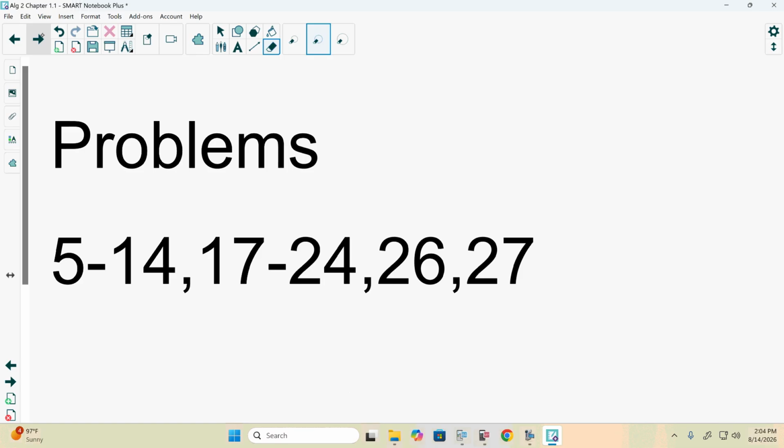Then 17 through 20, it says to graph the given information. Graph it on a number line. 21 through 24, 26, and 27 is writing it in set builder notation. And that's it. Also, that is the end of 1.1.